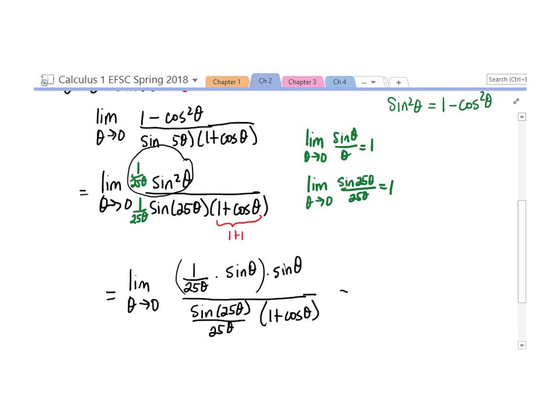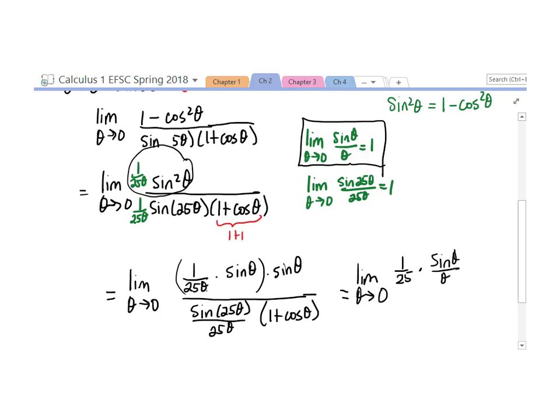Okay, so this is going to be the same as the limit. I'm trying to get as many things in the form of sine theta over theta as I can. The limit as theta goes to 0 of 1/25 out front, times sine of theta over theta.